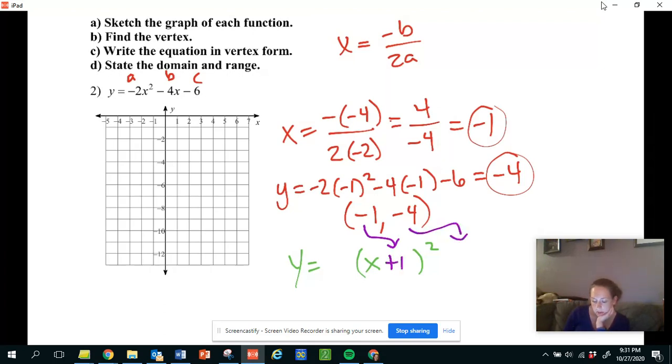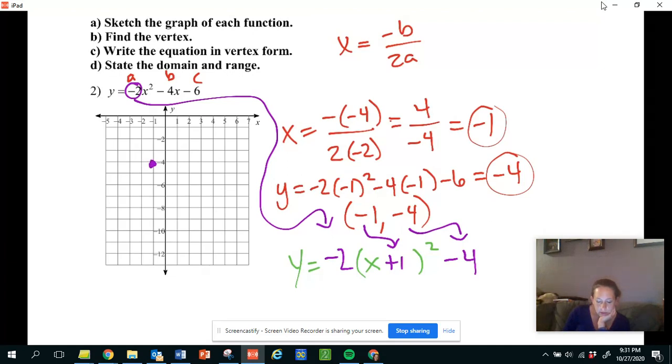The y goes at the end. And whatever a was goes in front. So here my vertex is -1, -4. A is a -2, so since it's negative, it's going to go down. It's a reflection. And 2 makes it a stretch, so it's more narrow.